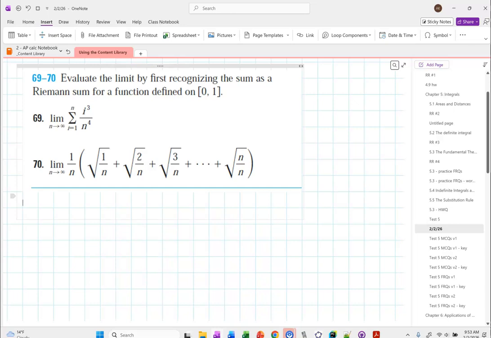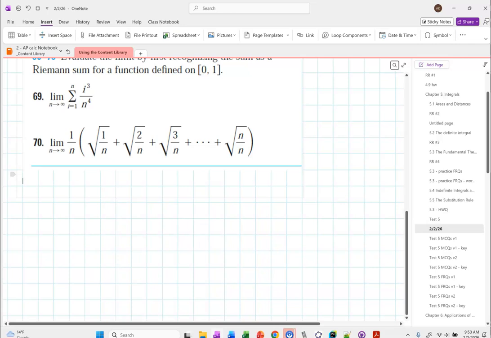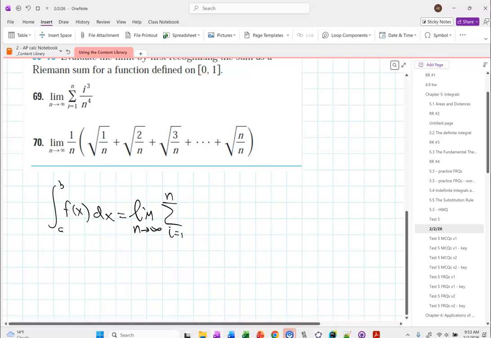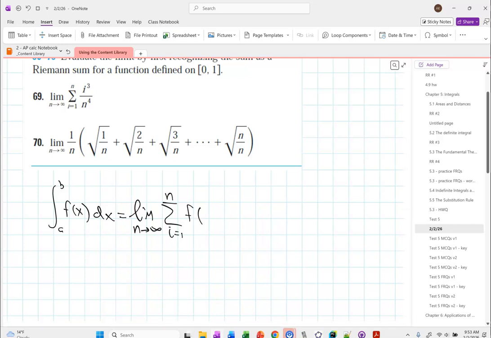So what I want to do is remember that the integral of f of x dx from a to b is the limit as n goes to infinity of the sum from i equals 1 to n of f of x sub i times delta x, right?